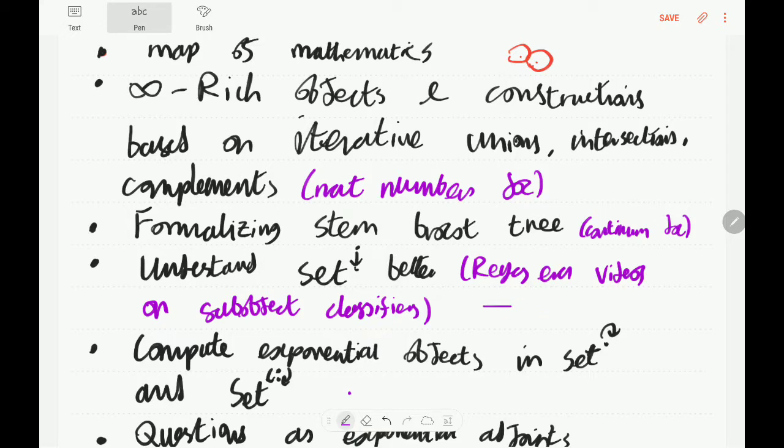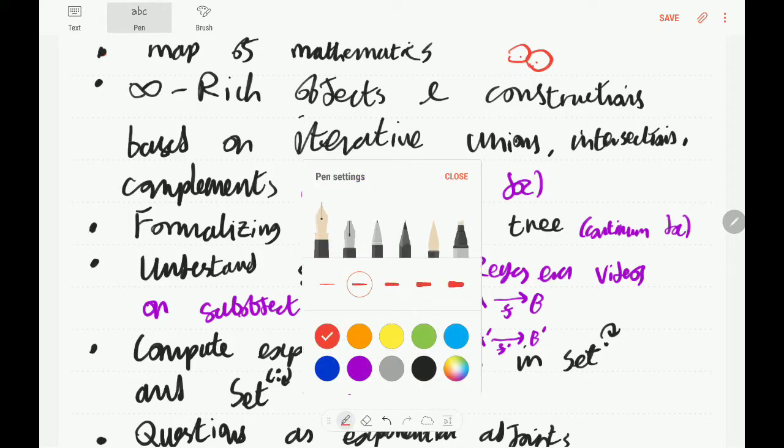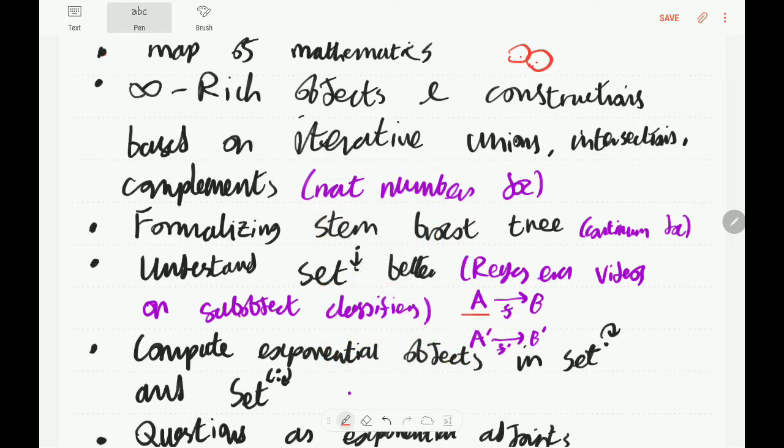The main one being, an arrow in this category: if you have a function f from A to B and a function f dash from A dash to B dash, then an arrow in the category from this first object to the second one is a pair of arrows, one which we can call g from A to A dash, and another one we can call g dash from B to B dash.